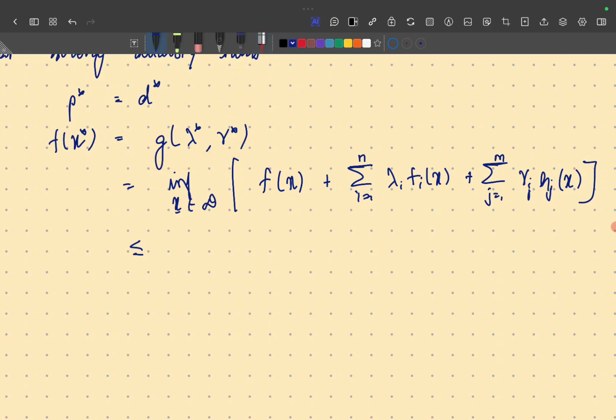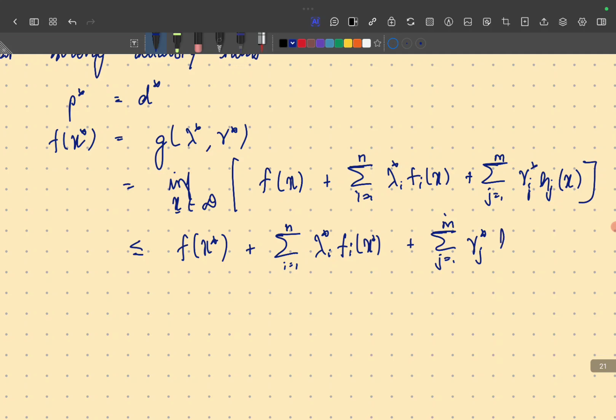In particular, if I plug in x star, which is the solution to the constrained primal problem, then this is less than or equal to f of x star plus summation i equal to 1 to n lambda i star f i of x star plus summation j equal to 1 to m nu j star h j of x star. Okay, is this step clear?